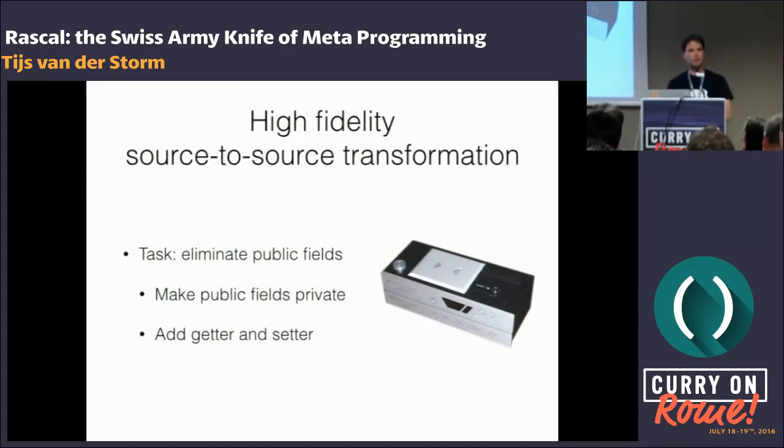And the task now is not to just find the public fields, but actually to eliminate them. There are two things that we need to be doing here. We make the public fields private, and we add a getter method and a setter method, and then we forget about the assignment sites. That's for another talk.